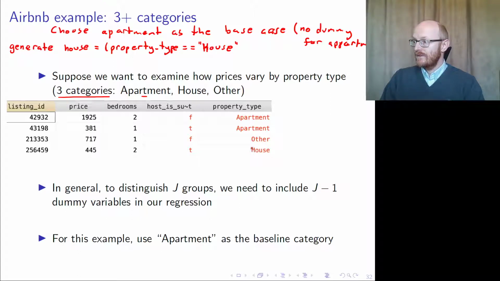So if it's equal to house, then it's going to be a 1, and if it's not equal to house, then it's going to return a value of 0.